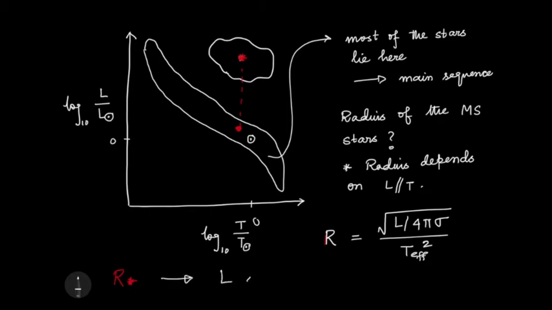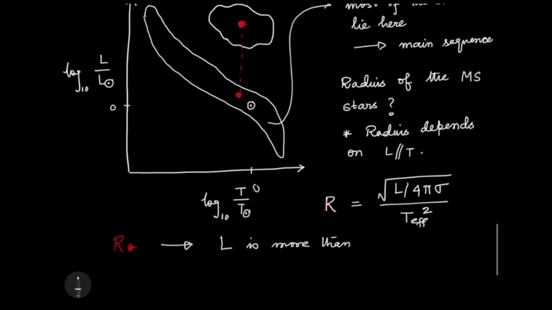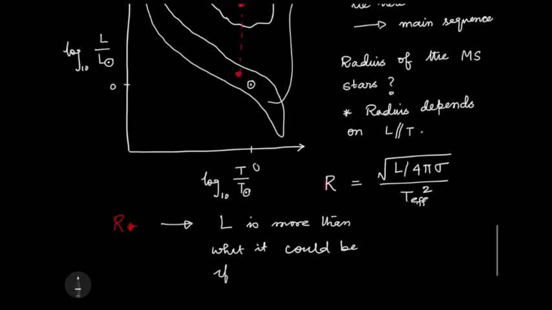That will give me the radius, right? For this star, L is more than what it would be if it was in the main sequence.